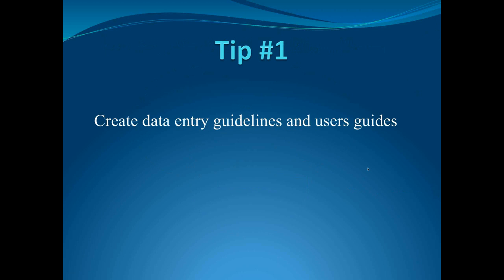You probably have all heard the term at one point or another, GIGO, G-I-G-O, which is geek speak for garbage in, garbage out. And the whole concept there is that if we put bad data into the system, or actually more accurately, if we put data into the system inconsistently, then it is very difficult, if not impossible, to pull data out of the system consistently.